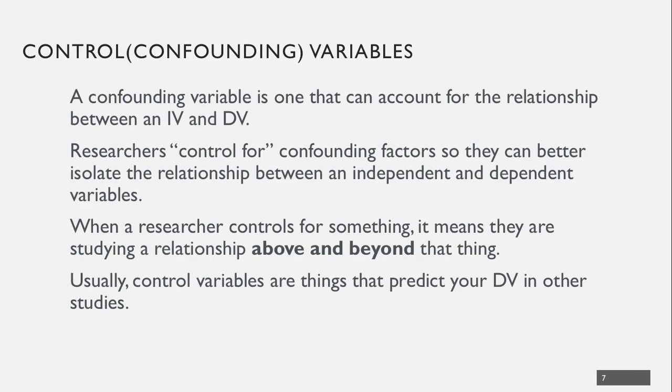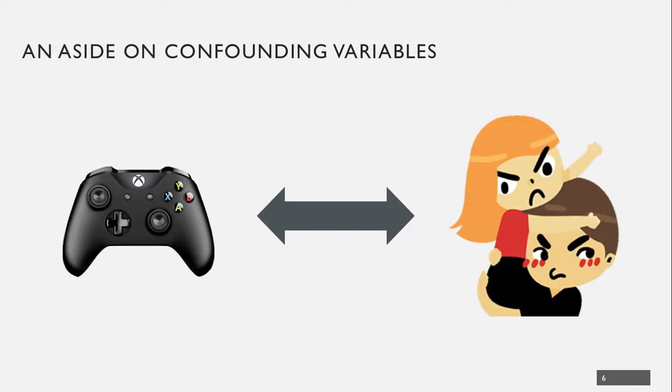When we include a control in a study, that means that we know that the relationship we found was not a result of the control, not a result of the confounding variable. So let's say we controlled for socioeconomic status in a study on video games and aggression.